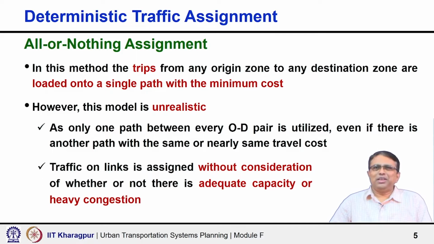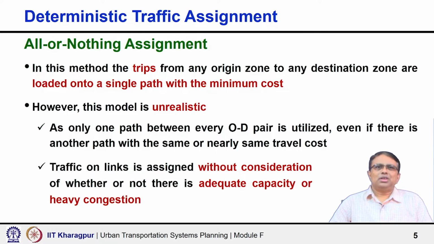In any large urban area, for practically all origins and destinations, you will have multiple paths. Even in a mid-sized town you have multiple paths. So, we are loading the whole demand on only one path, even if there are alternative paths with the same or nearly the same travel cost.